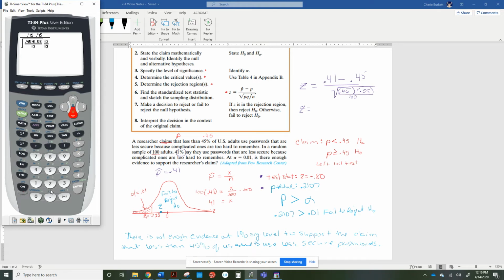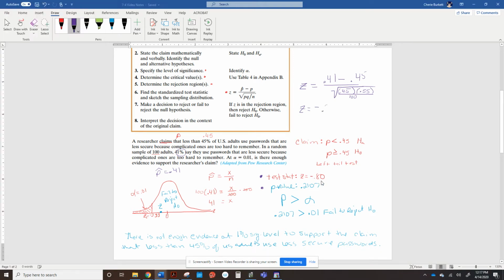And then on bottom, I'm going to type in 100. And then when I go over here, I'm going to just do delete. There we go. So that should be the exact same value that I got. Z equals negative 0.8. So that's the same calculation that I got by hand.